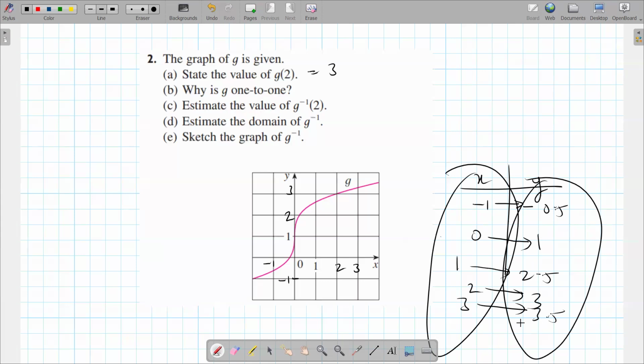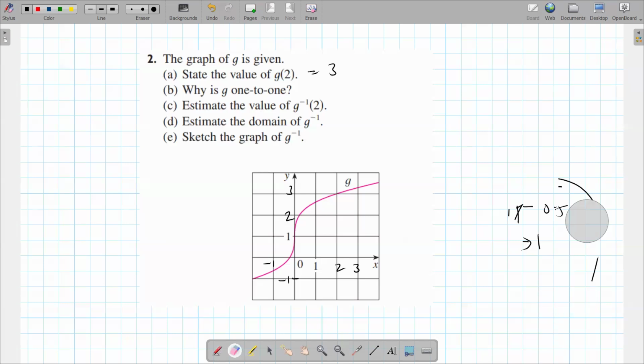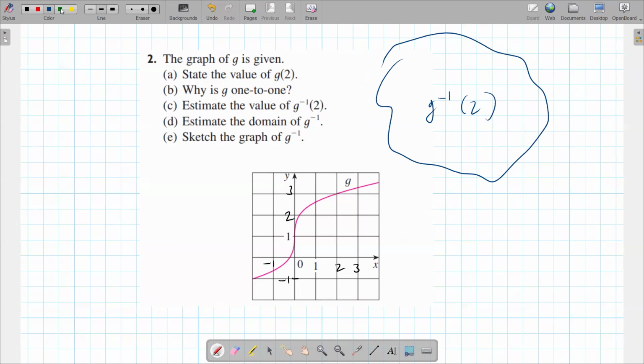Okay, this question is a little bit tricky. It's not difficult. It's quick if you know what you're looking for. So part C is now asking you for G inverse of 2. And remember what inverse means. Inverse means the points are swapped.